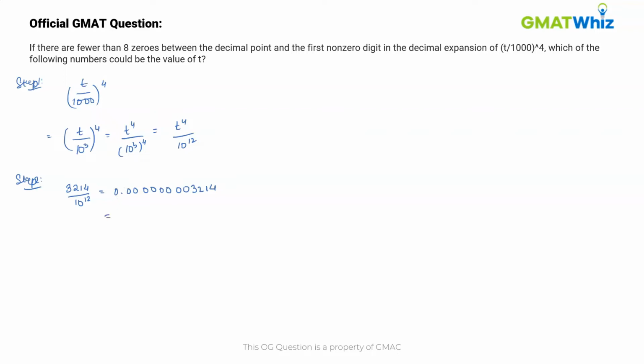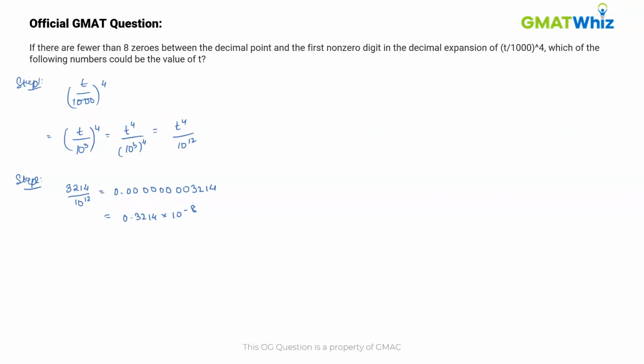So we can write this as 0.3214 times 10^-8. This means that if there is a 4-digit number and we are dividing it by 10^12, we can write it as 0.3214 multiplied by 10^(12-4), which is 10^-8, since we have a 4-digit number.